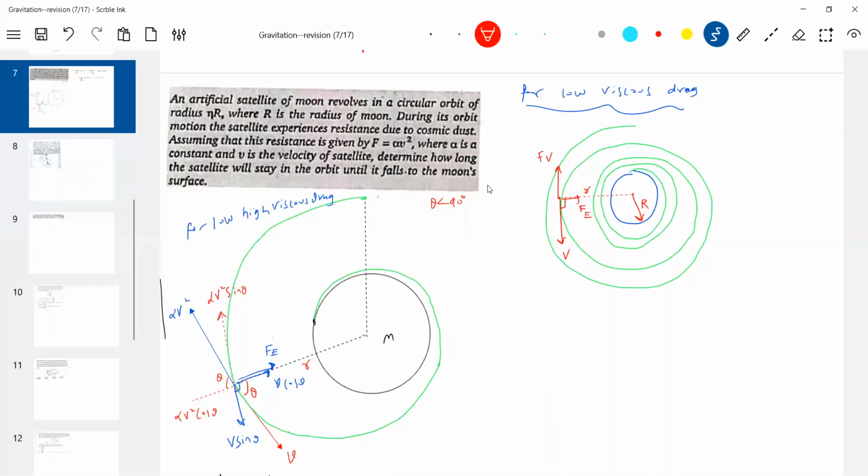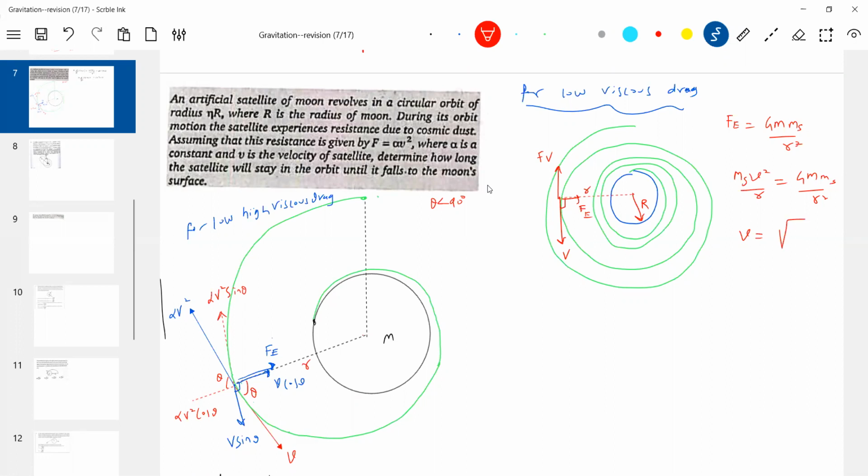So let me directly start with Fe equal to G M m by r square. Please make observations of the things here. This will provide the centripetal force, so v square by r equals G M by r square.